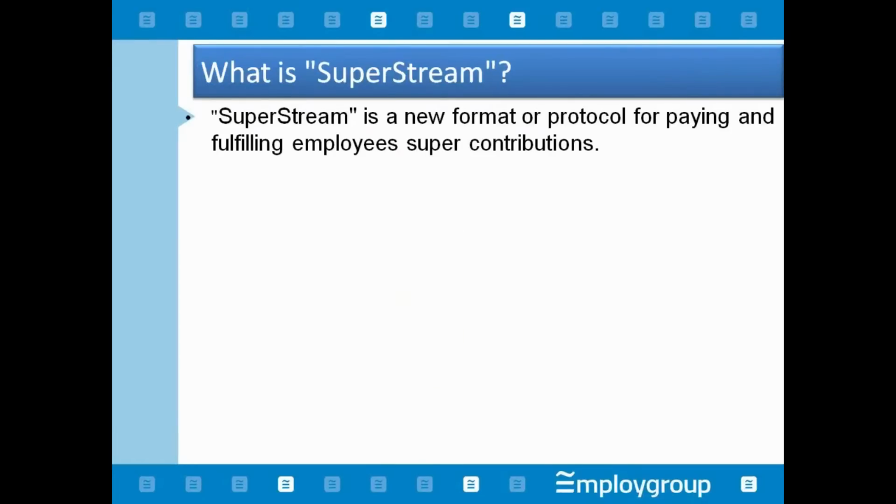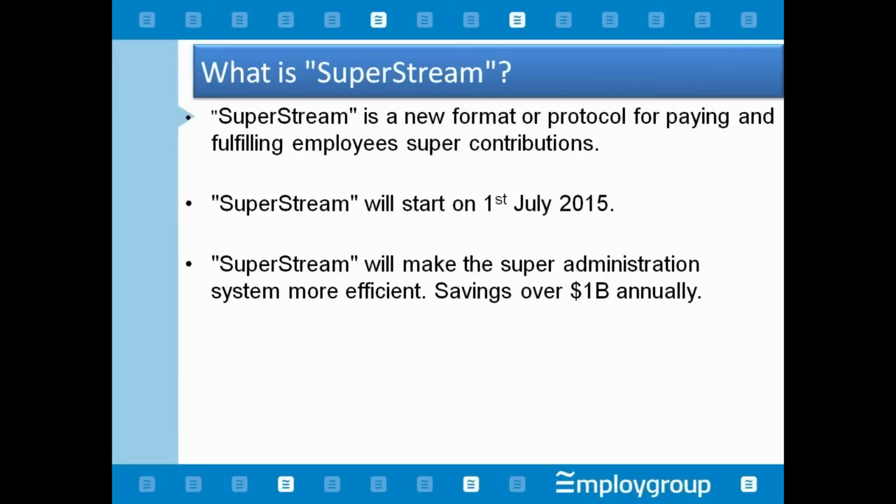So what is SuperStream? SuperStream is a new format or protocol for paying and fulfilling employees' superannuation contributions. It starts on the 1st of July, and SuperStream will make superannuation administration in this country much more efficient. It's actually estimated to save over $1 billion annually, so it's a pretty good microeconomic reform.